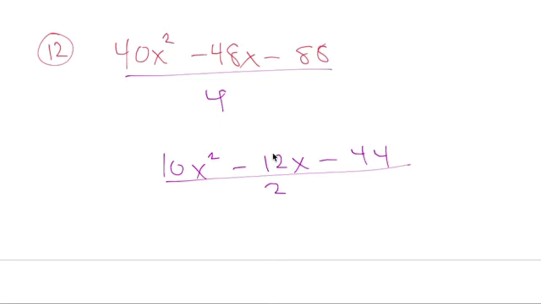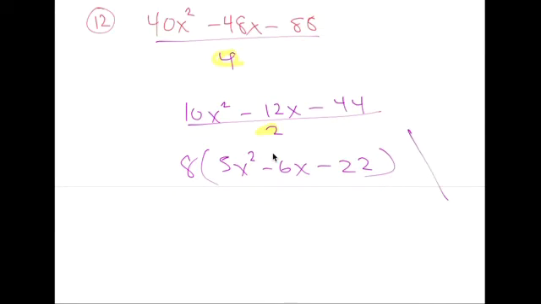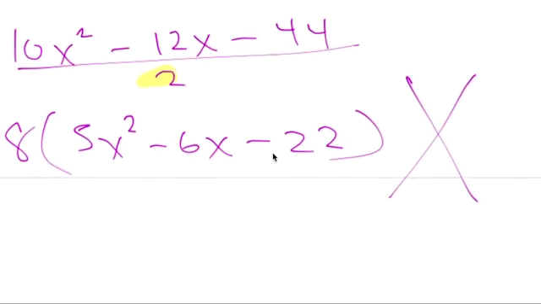I didn't think of that. 5x squared minus 6x minus 22. Can't factor it out anymore. Okay. Check to see if perfect square. Nope. All right. So we got 2 and that's 8. Factor out an 8. So for your answer, you do your x to factor, negative 10, negative 6.